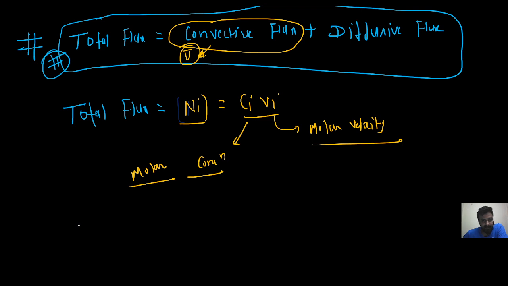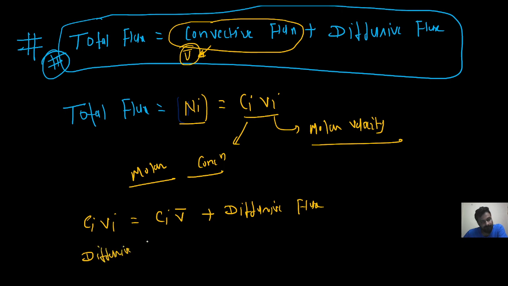So can I write that total flux, that is Ci Vi, is equal to Ci V average plus diffusive flux. So can I define diffusive flux as equal to Ci Vi minus Ci V bar?